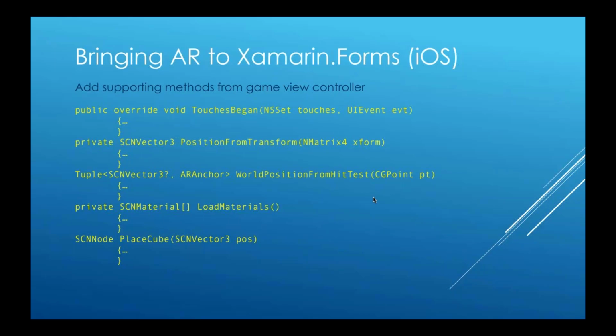The demo is a cube, and there's a Xamarin logo and a Microsoft logo, and these are set up as materials, and then the place cube method. But again, this all comes from that Xamarin.iOS, and it's just been moved into our custom page renderer.